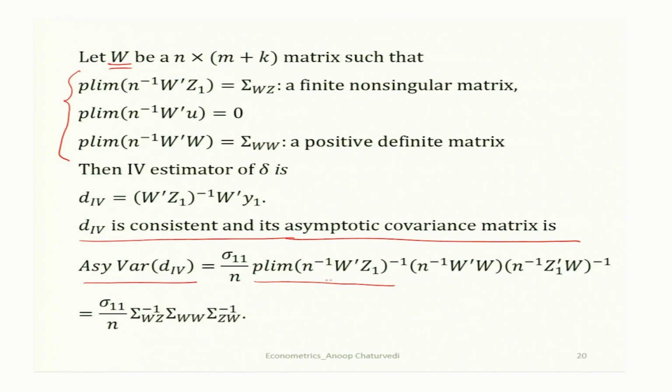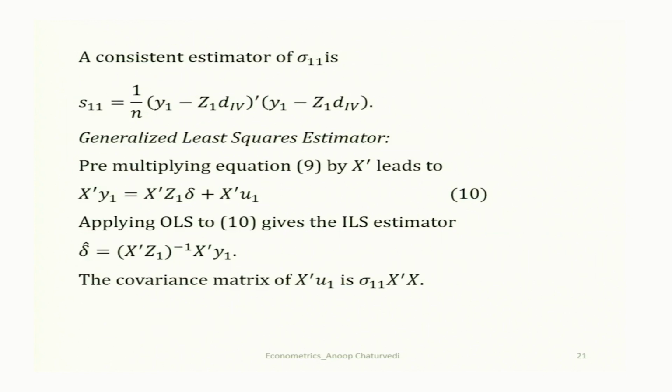Then we substitute the values of all these probability limits, and you get sigma 11 upon n, sigma WZ inverse, sigma WW, sigma ZW inverse. This is the asymptotic variance covariance matrix of the instrumental variable estimator. A consistent estimator of sigma 11 is S11 equal to 1 upon n (y1 minus Z1 delta hat) transpose (y1 minus Z1 delta hat).